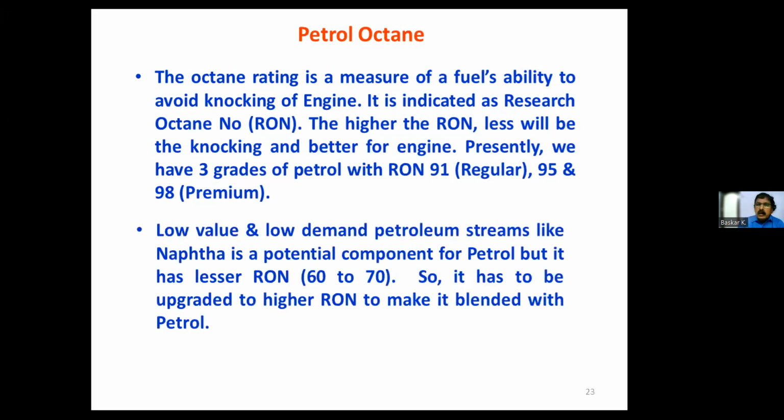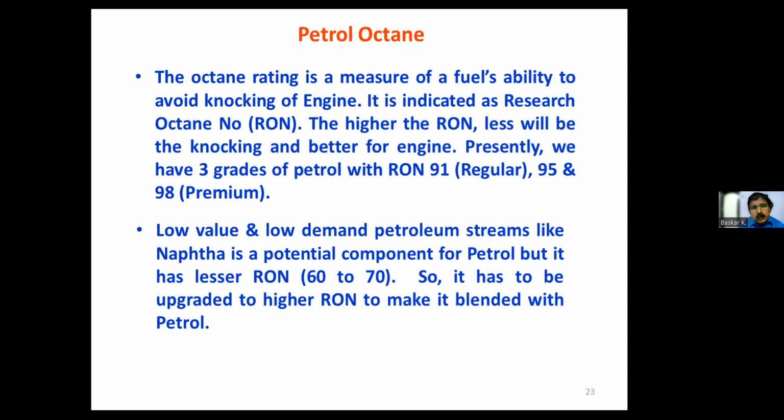So, as I already told you, we are producing naphtha also, which is not a much demanded product, because the fertilizer plants which were using naphtha as a feed have now converted to gas. So we have a large quantity of naphtha that has to be exported.